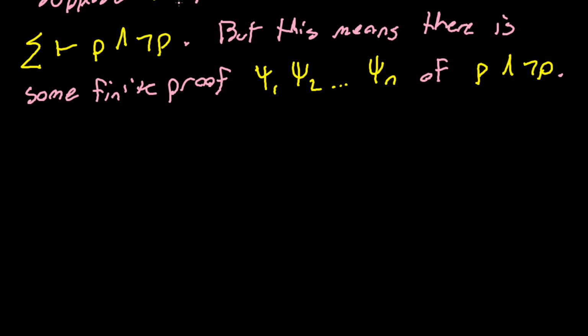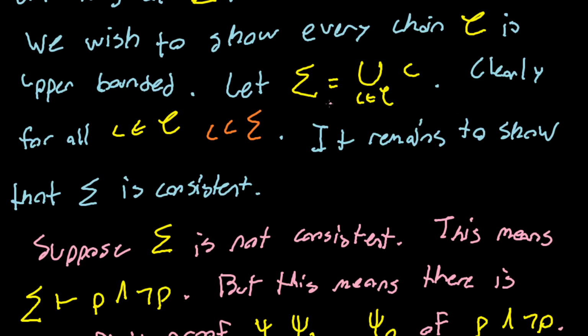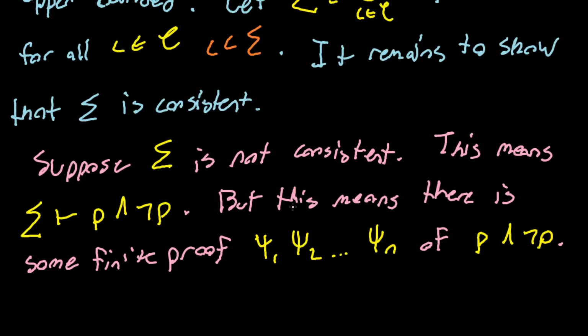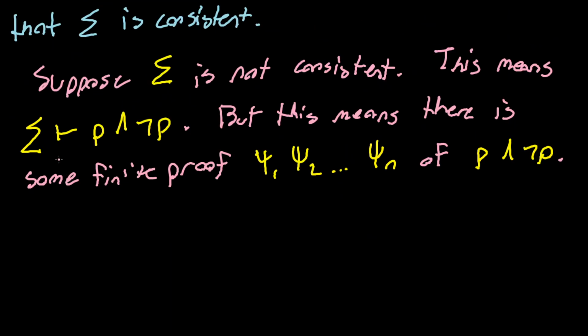So if our upper bound, I'm just going back through it one more time, is inconsistent, that means it has to prove a contradiction. And since it has to prove a contradiction, there must be a finite proof. All proofs are finite, so there must be a proof of the contradiction, and of course that proof will be finite.